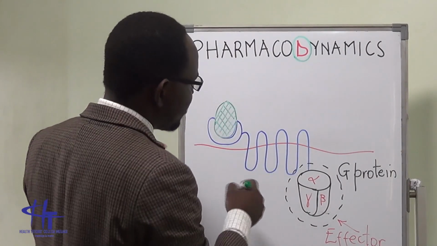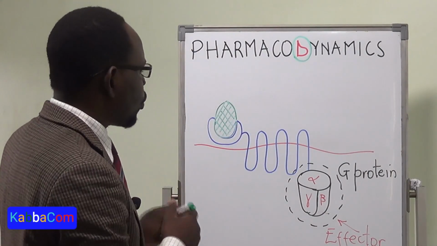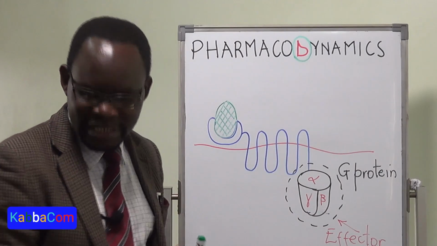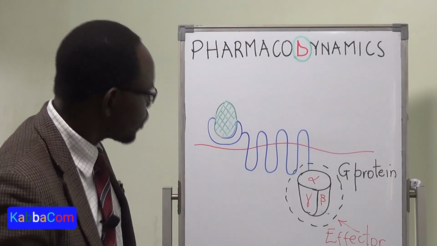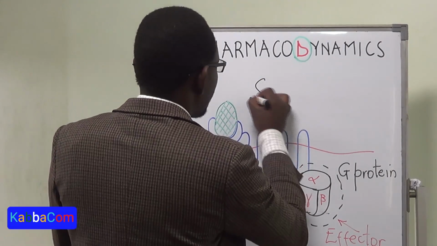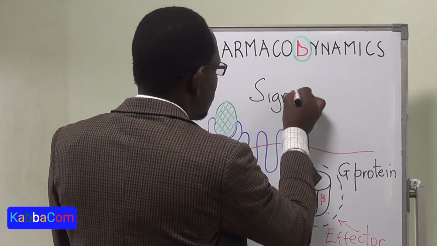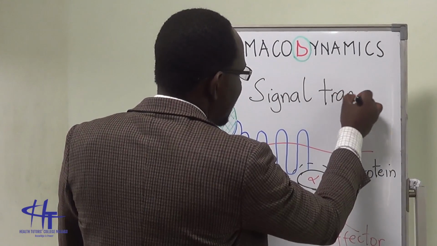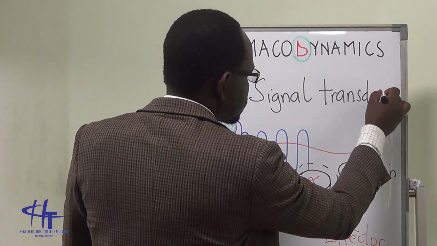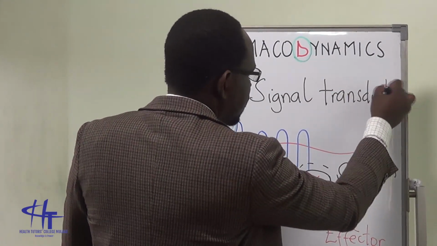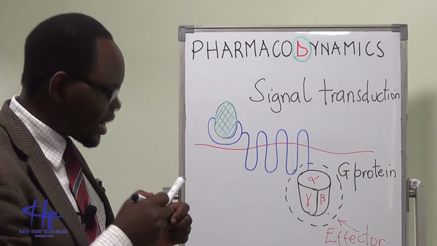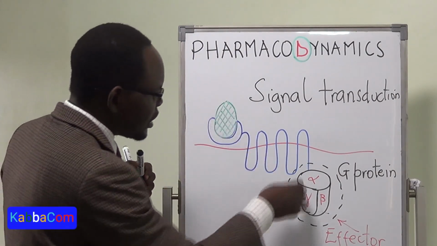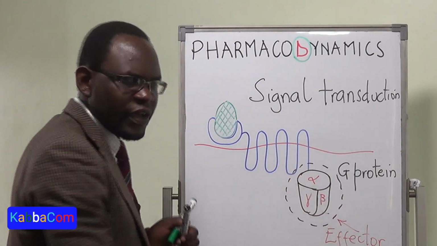Once we have our ligand bind there, we have a series of signal transductions that happen and eventually reach the effector site.